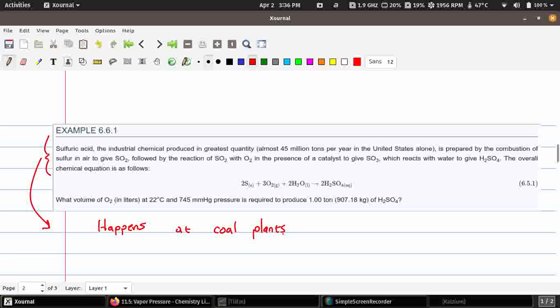So a lot of sulfur dioxide would get out into the atmosphere and react with oxygen, which would create this, which would react with water vapor and give you sulfuric acid. So you'd have acid rain, and that's how that would happen.